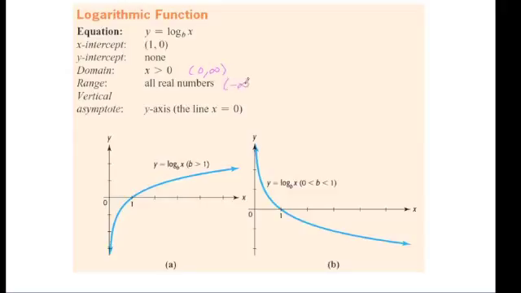The range is all real numbers. And the y-axis becomes a vertical asymptote. In this case, we're using a base b where b is greater than 1, and here we're using a base b where b is between 0 and 1.